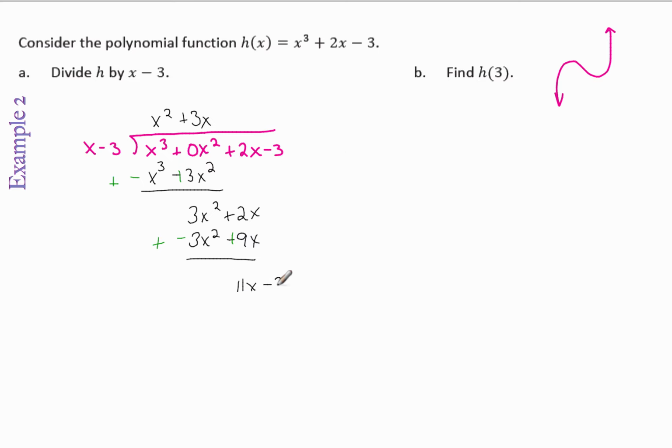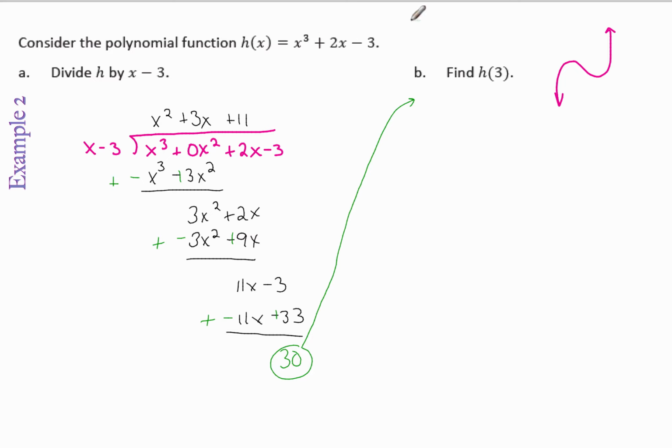11x, bring down the minus 3. X goes in there plus 11 times, giving me 11x minus 33. Once again, we're going to add the opposite. And when we do this, we get 30. Anybody want to take a guess what the answer is when we put 3 into here?